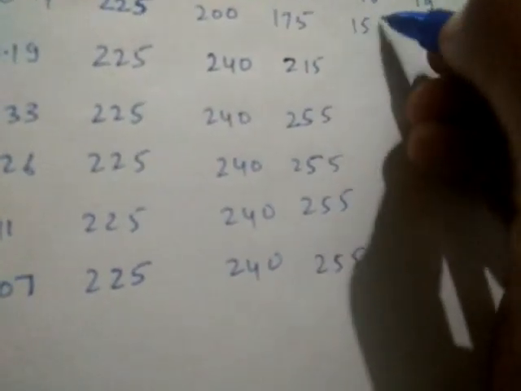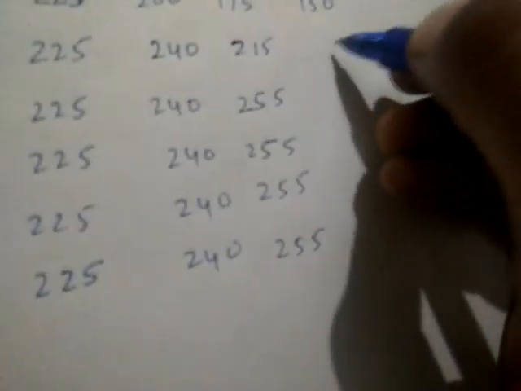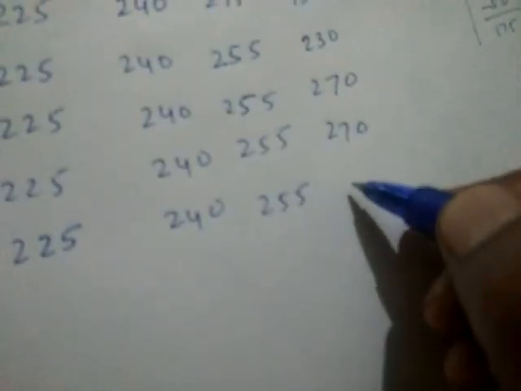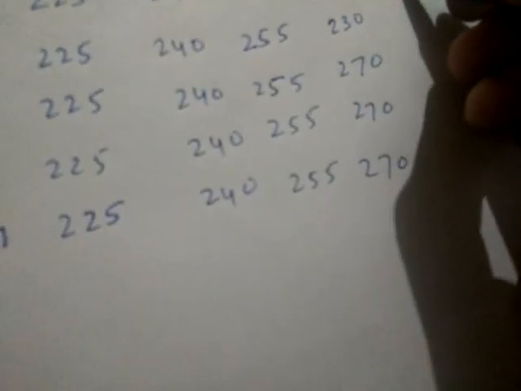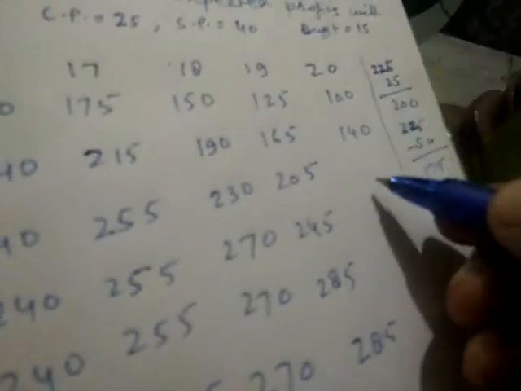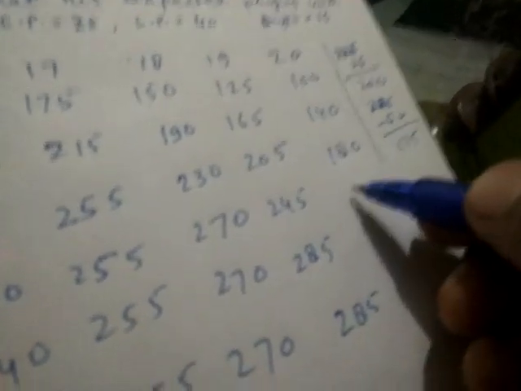So it will be 150, just in the same way, with the same logic. 150, it will be 190, it will be 230, it will be 270, it will be 270, it will be 270, and here 125 and 165, here 205, here 245, here 285, here 285, here it will be 100, here it will be 140, here it will be 180, here it will be 220, here it will be 260, and here it will be 300.